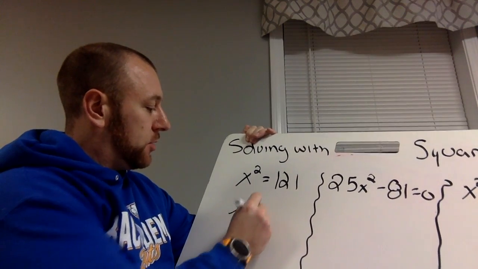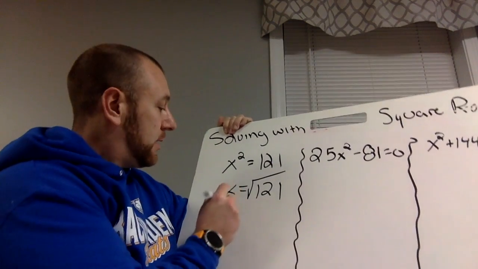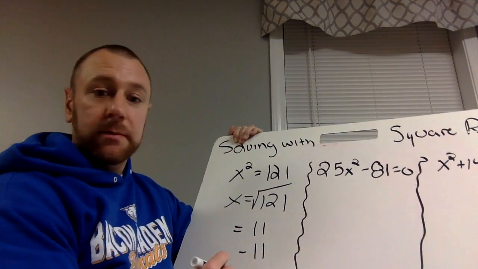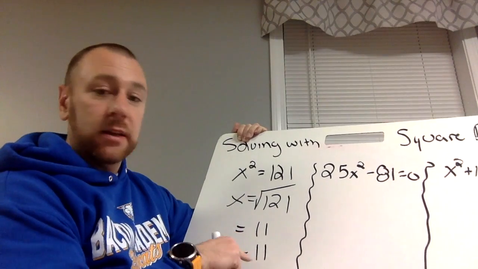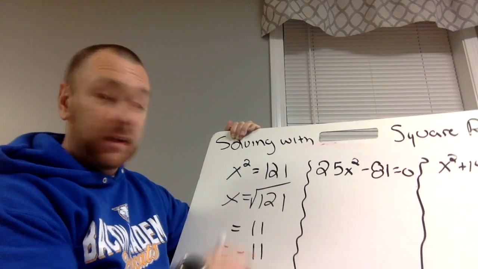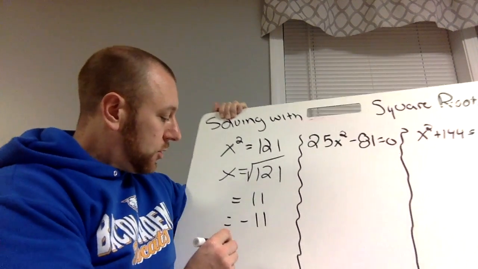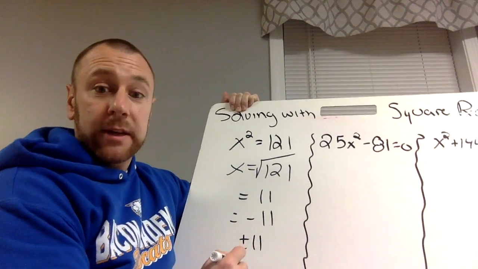I'm going to do the square root of 121, which gives me not just 11, but also negative 11. Both of these answers work because negative 11 times negative 11 is positive 121, and the same thing with 11 times 11. So you can also write it as plus or minus 11.